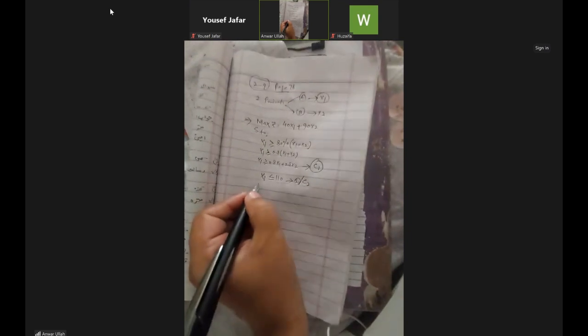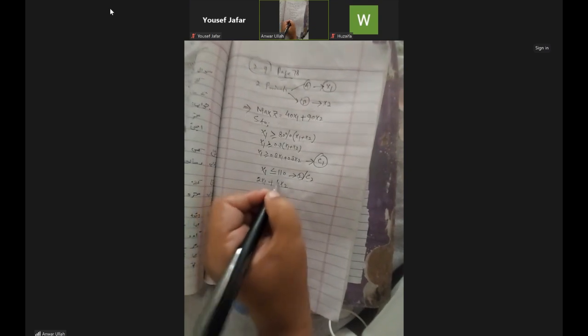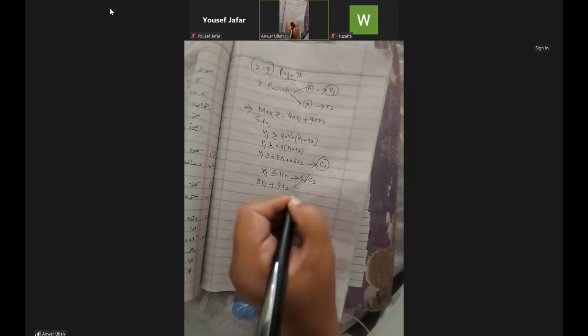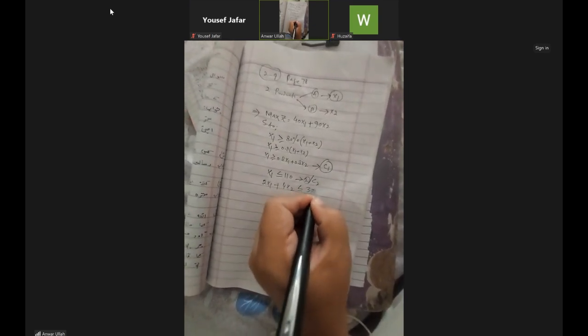Okay. Now we will go to the third constraint. It says that both the products use one raw material, of which maximum daily availability is 300 pounds. And the usage rate of raw material is 2 pounds per unit of A and 4 pounds per unit of B. It means that 2 into X1 plus 4 into X2, and the total availability must be less than or equal to 300 pounds.